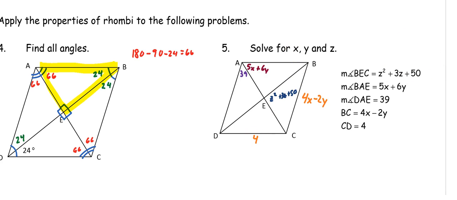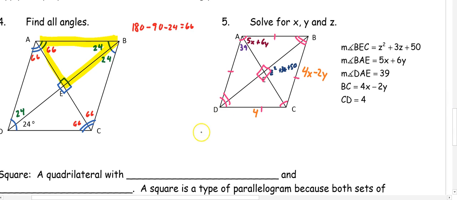So remember, in a rhombus, all of our sides are congruent. Our diagonals are bisecting the angles, and the diagonals are perpendicular. So the easiest thing to solve for first is z. So when I solve for z, I have z squared plus 3z plus 50 equals 90.